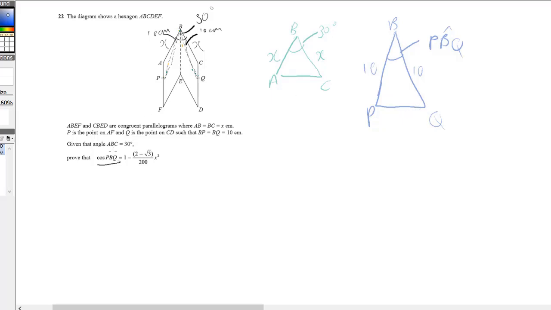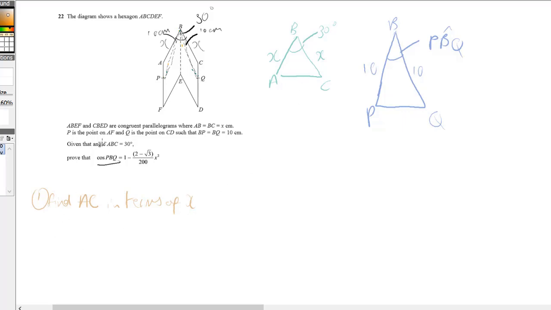First step that I'm going to do is, step 1, I'm going to find AC in terms of x. So I'm going to find this one here in terms of x.